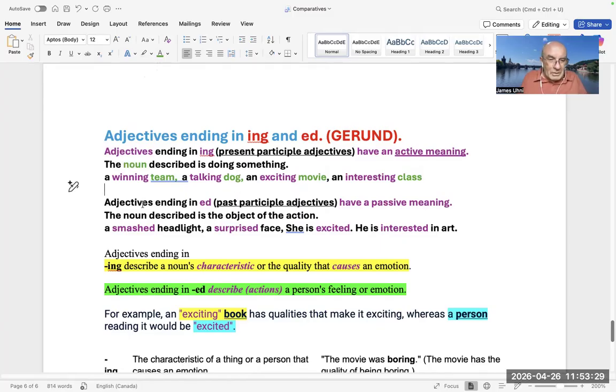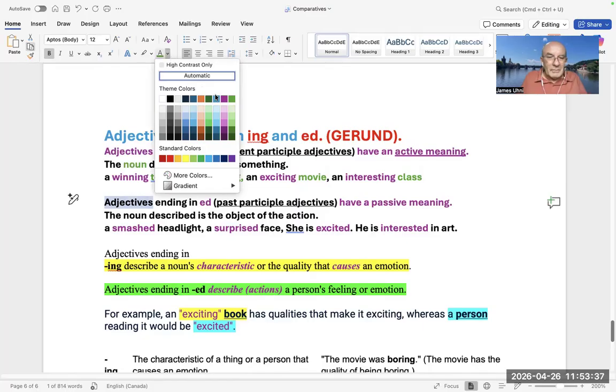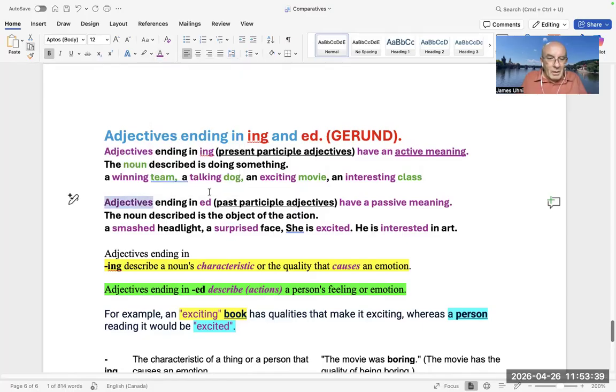Now, adjectives, I will put adjectives in purple, but ed, no, I will leave them as it is.